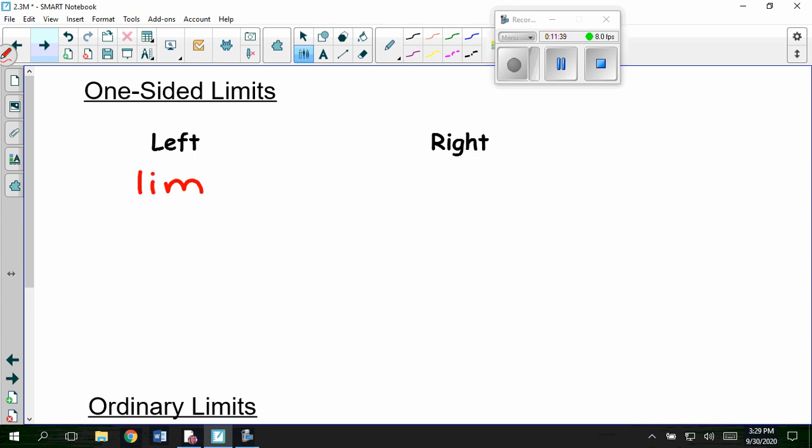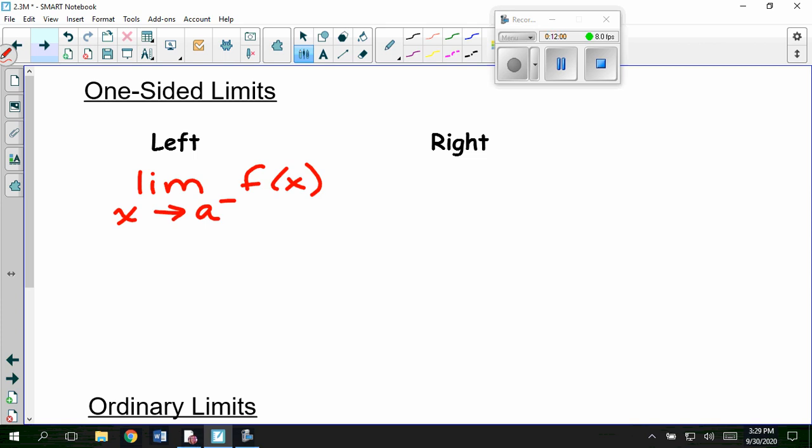A one-sided limit, if I'm coming from the left, meant that I was approaching some a value on the x. And remember, we use this little negative symbol that almost looks like a power. We would say things like x approaching a from the negative side, also from the left side.